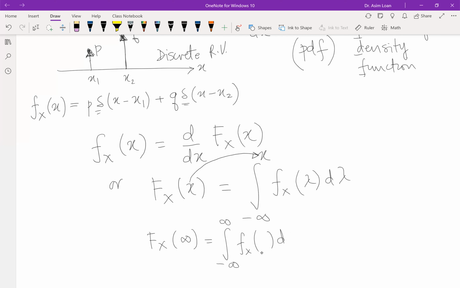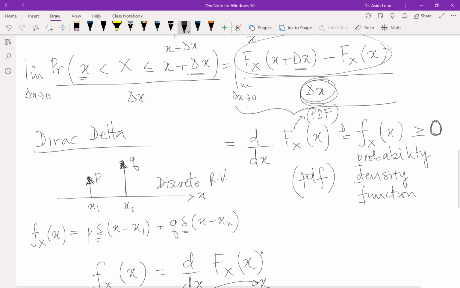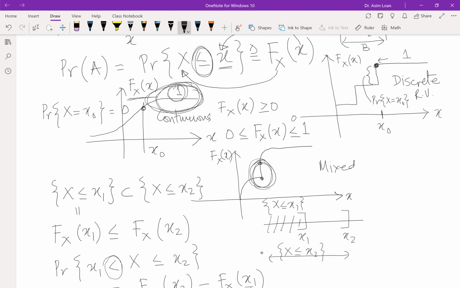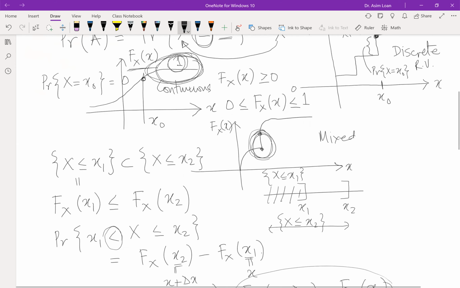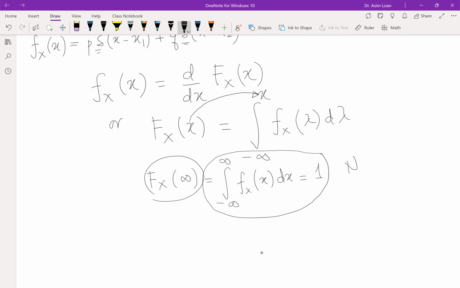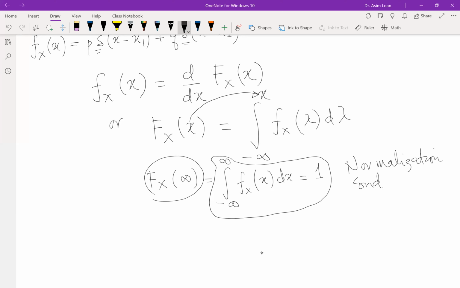So fx of x dx, and since Fx of infinity saturates to 1, this is 1, and this is the normalization condition. So all density functions should integrate to 1. This is the normalization condition.